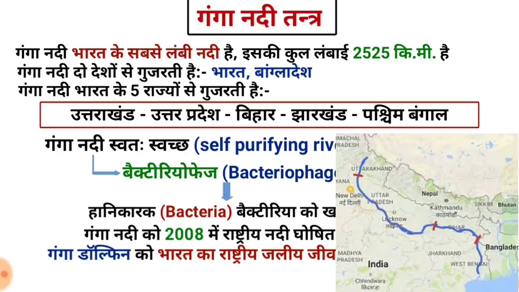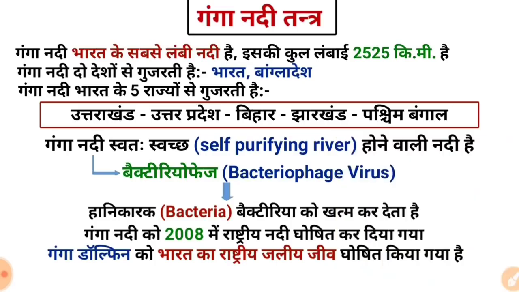After that it goes to Bangladesh, and after Bangladesh it falls into the Bay of Bengal. But if we talk about its drainage system, that is, if we include its tributaries, then tributaries also come from Nepal. But if we look at the Ganga river mainly, then it passes through only two countries, India and Bangladesh.